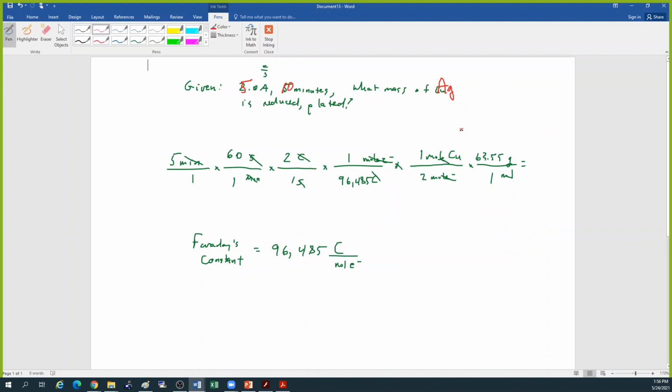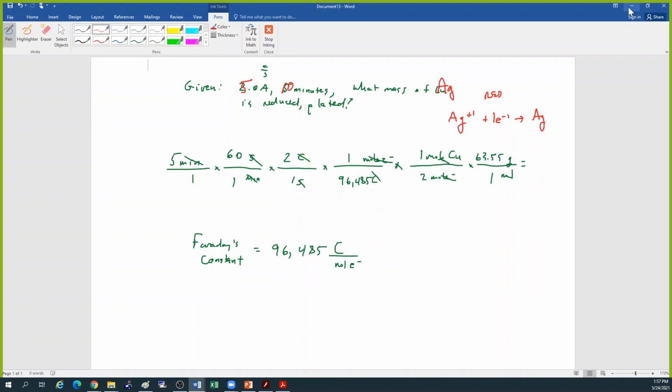the reduction reaction is that silver ions, which are positive 1, take 1 electron each to make silver metal. That's the reduction side. And that's going to actually happen directly onto the copper metal.